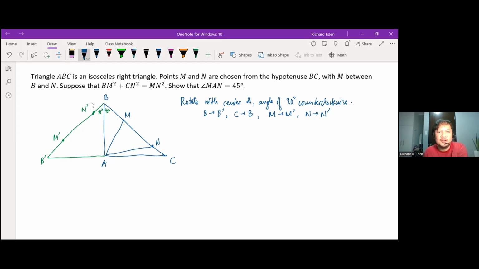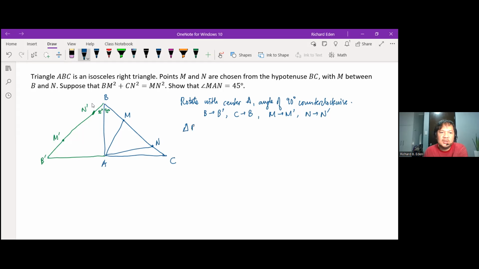So what did you say we had to show? MN equals MN prime? Maybe that. Because for MN prime, we definitely have a right triangle there, right? Yes.